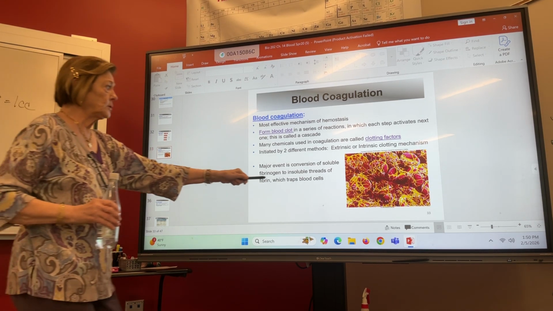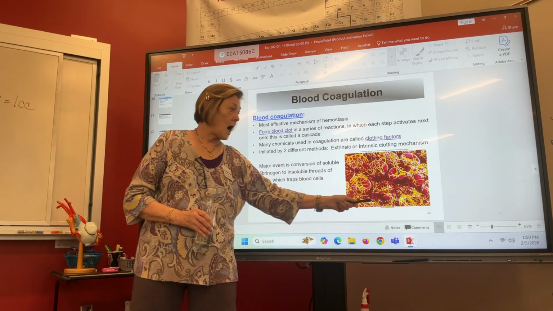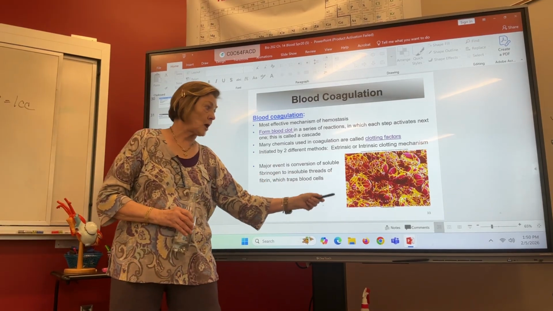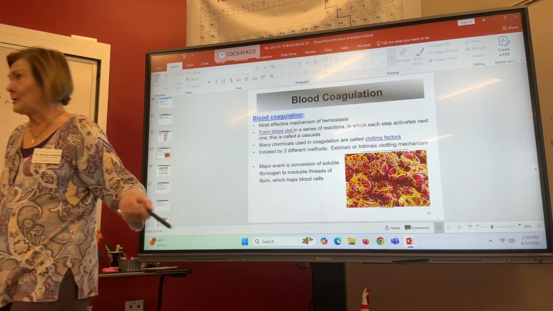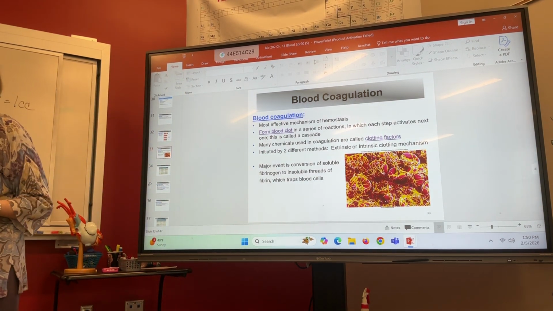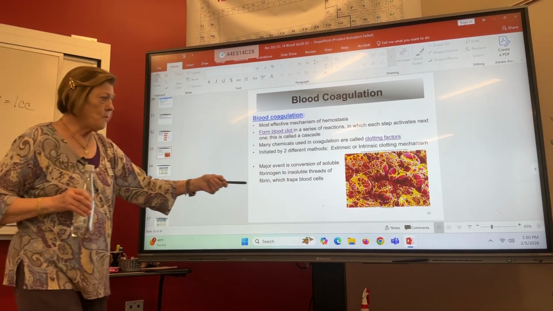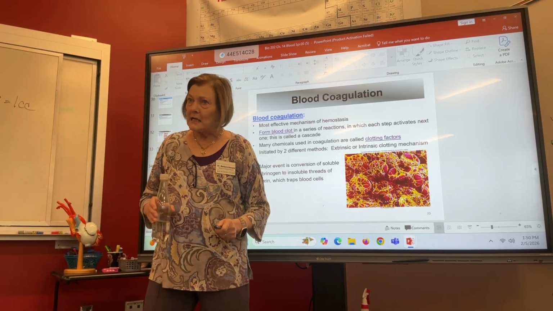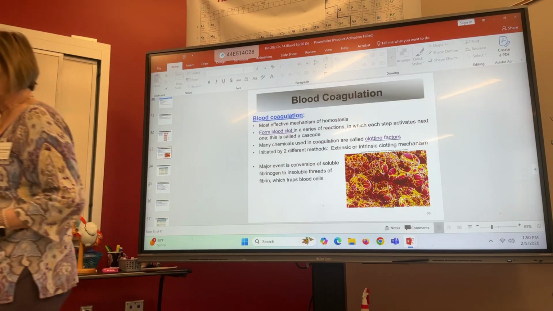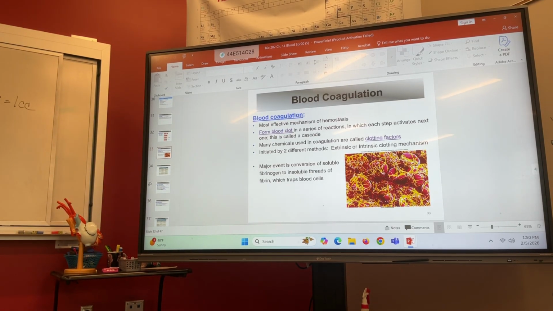And this is what a blood clot looks like. You have your erythrocytes. And then see that, it looks like cheddar cheese to me, okay? Everything looks like food. Okay, so this fibrin is the clot.